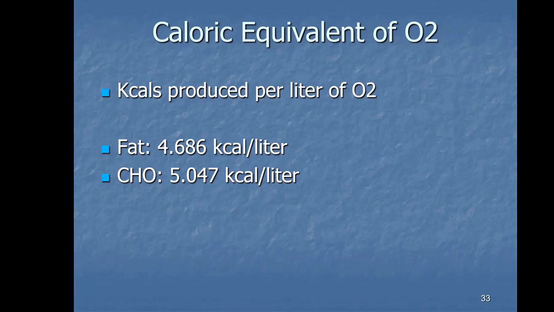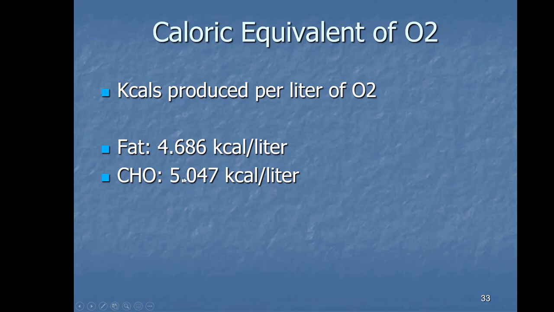In other words, the energy you're getting from these substrates varies, or they require different amounts of oxygen to get energy. So these are the numbers, and you don't necessarily need to memorize these, but just know that this is about what fat is. This is about what carbohydrate is.